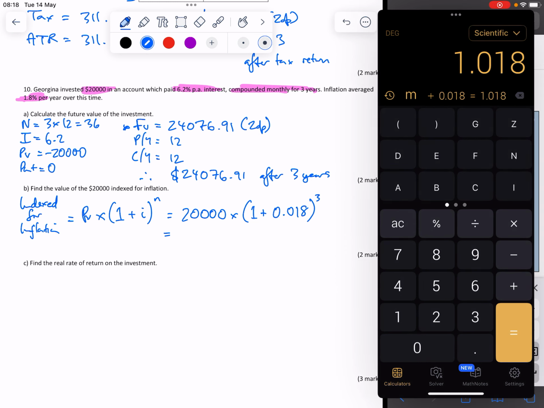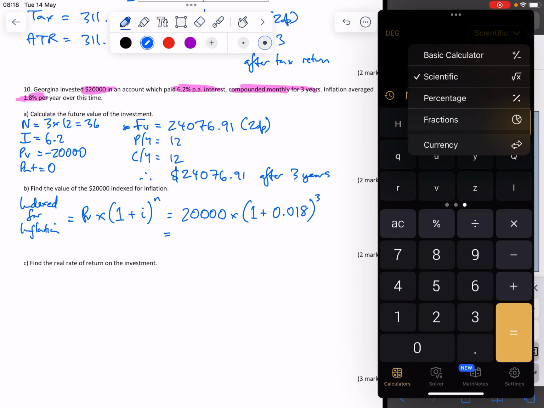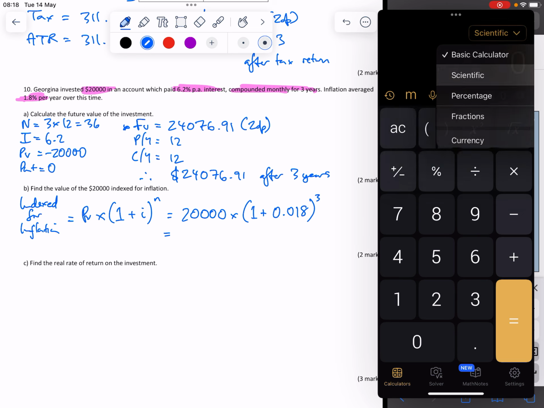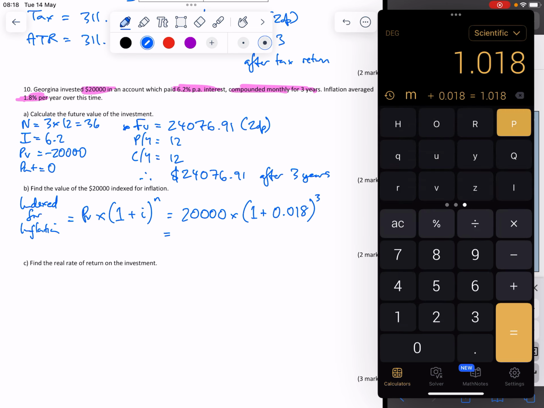I need to raise that to the power of 3, which it looks like I can't do with the calculator settings that I've got with this recording on. So 1.018 to the power of 3 is just itself times itself 3 times. So 1.018 times 1.018 times 1.018.